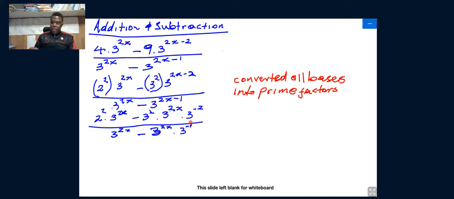The laws of exponents will allow us to work with this, okay?